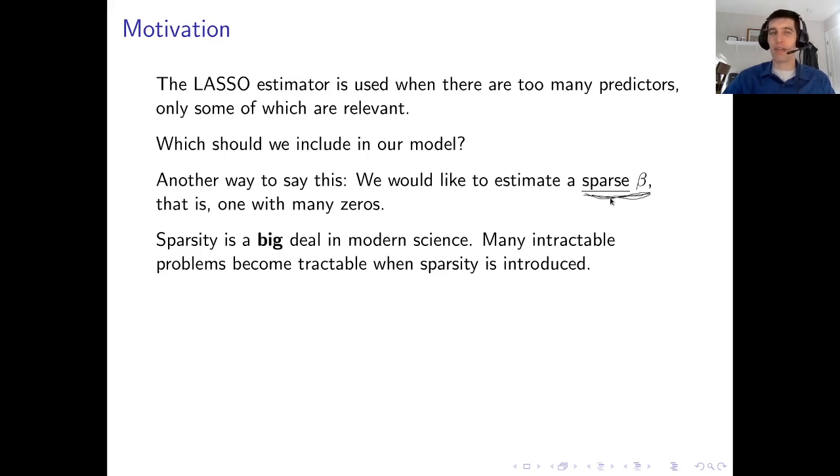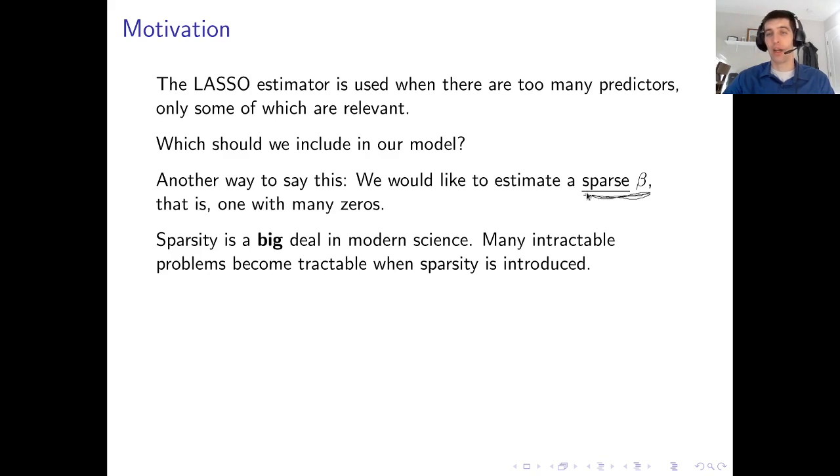Sparsity is a very big deal. You can imagine any time you have a situation where you have too much information, only a subset of which actually matters, there's a sparsity assumption in there, and in particular from a tractability perspective, a lot of times a sparsity assumption makes intractable problems more tractable.